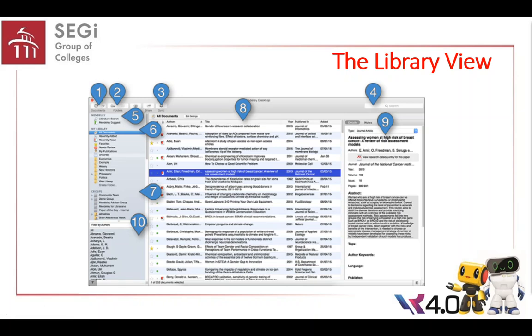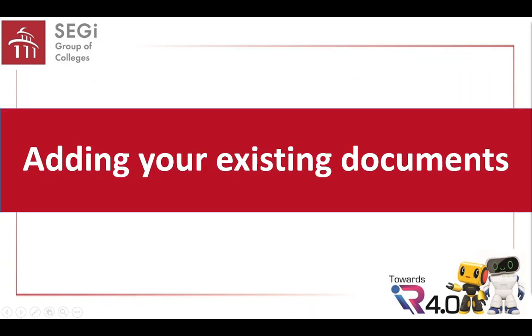Then you also have a filter panel, so you can use the filters to filter the literature that you have accumulated. Next, just now you saw a library overview with a lot of documents. But of course, when you first install it, it's going to be empty, right?